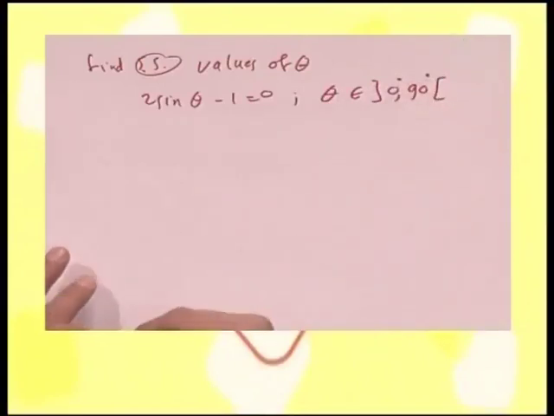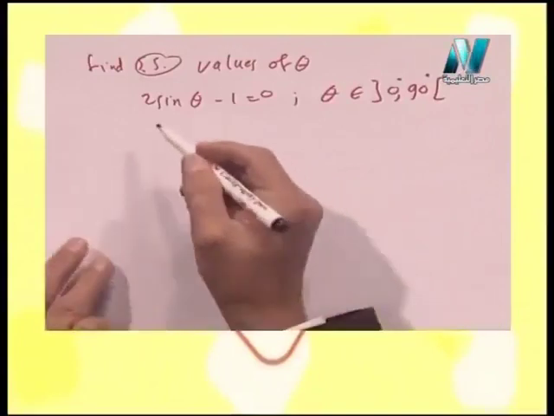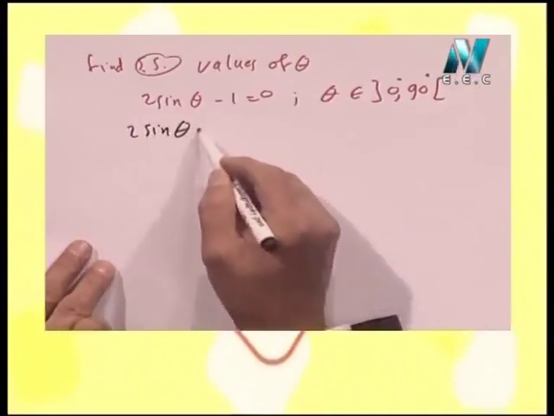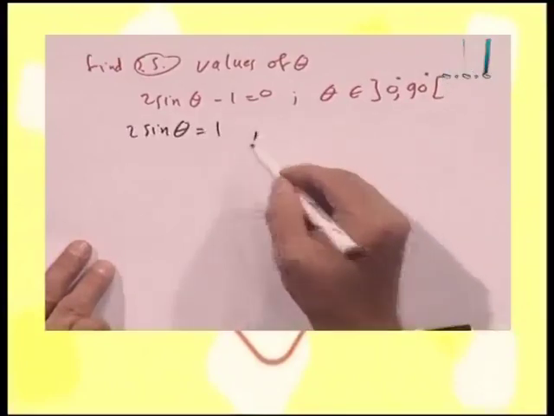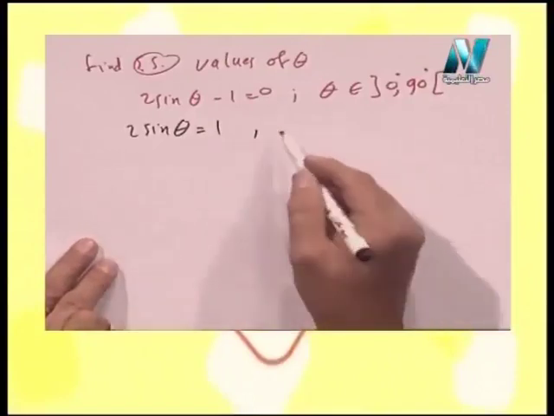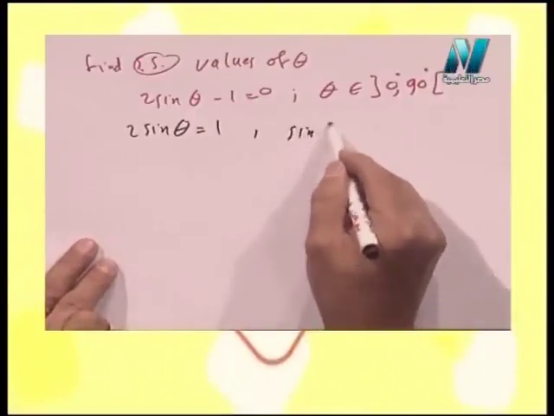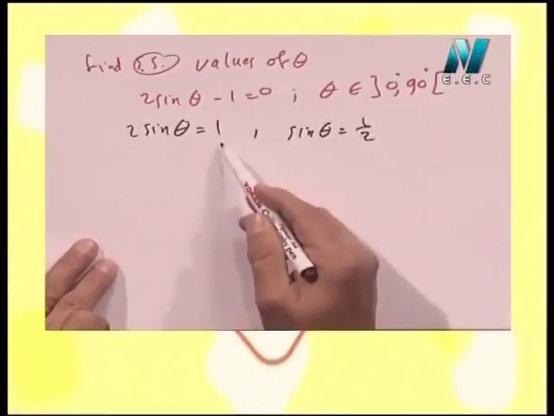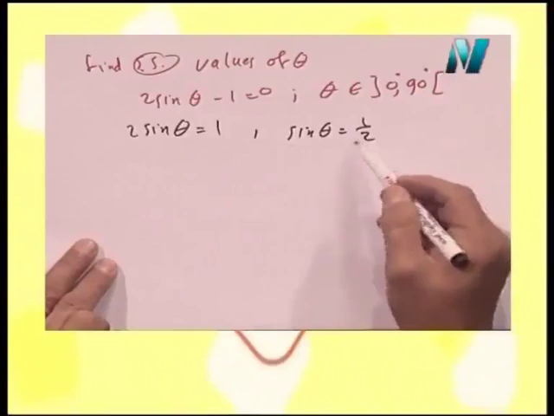If we have this equation, we can put 2 sine theta equals 1, and 2 sine theta equals 1 means sine theta equals half, because we divide by 2 here. So sine theta equals half.